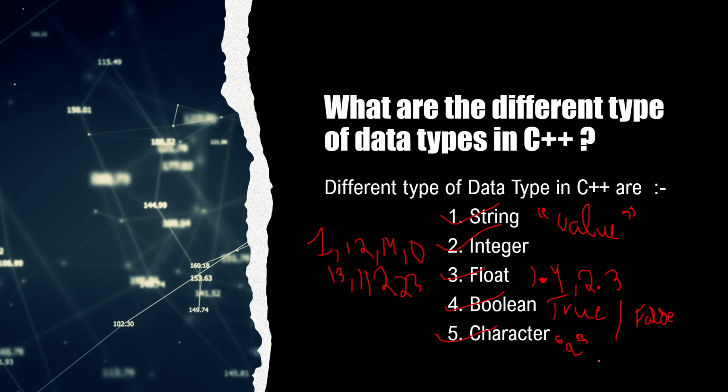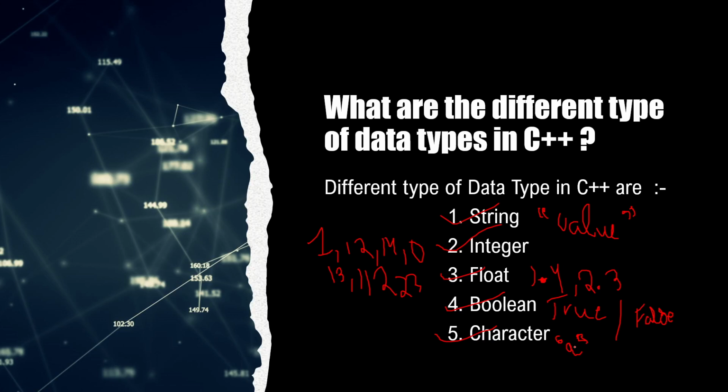So we just use single quotes and enter one single alphabet or character. Brackets can also come, numbers can also come, so almost everything can come except the single quote itself. Only one character can be put inside the character, only one single thing.